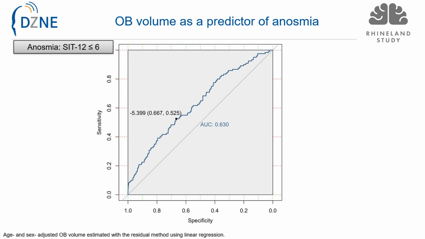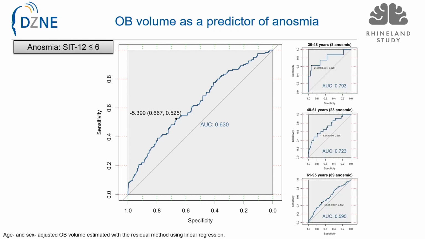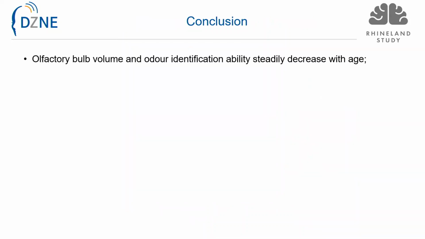And we found that the olfactory bulb volume performs slightly better, with an area under the curve of 0.63. And it performs better in the young and middle age groups, with area under the curve of 0.72 to 0.79.